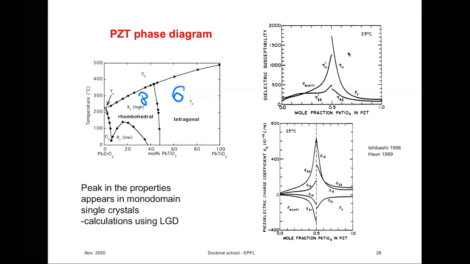And since we have 6 in tetragonal and 8 orientations of polarization in rhombohedral, then at this position here we can easily have access to 14 different directions. Energy between them cannot be too different. And therefore, you can pole the ceramic more efficiently. That is the simple explanation of this morphotropic phase boundary for ceramics.